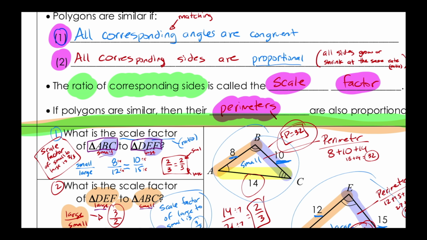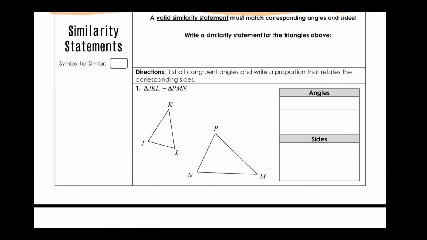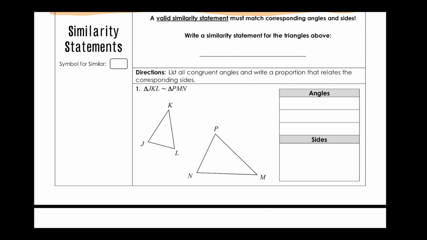So they have to be proportional. Scale factor is finding that ratio between the two figures, and the order you do it in is usually told to you by the question.